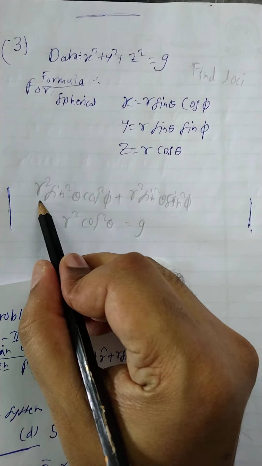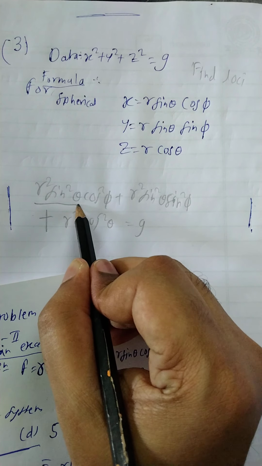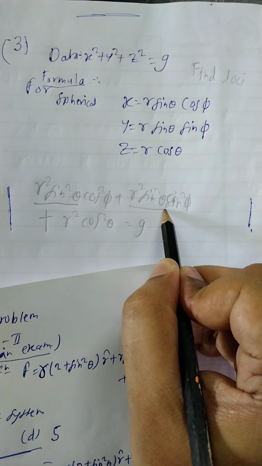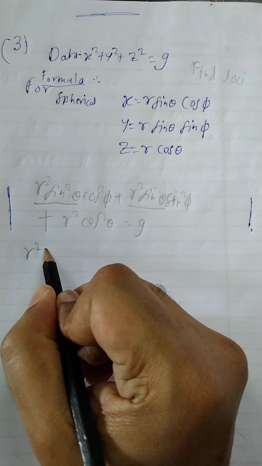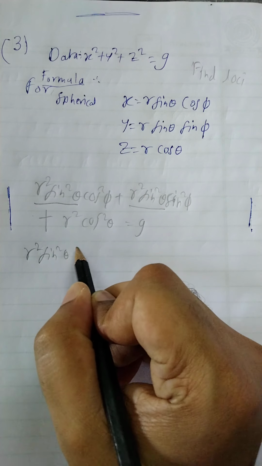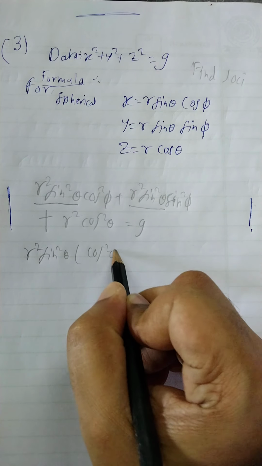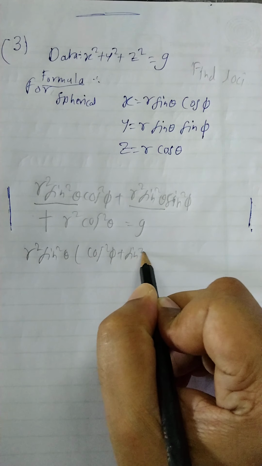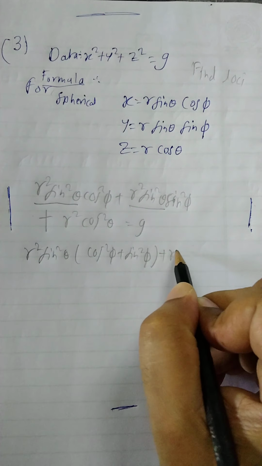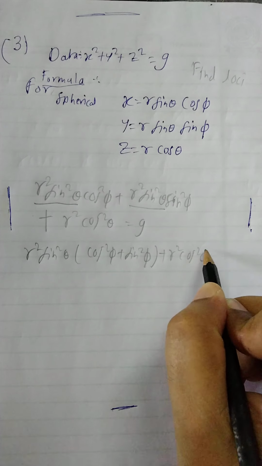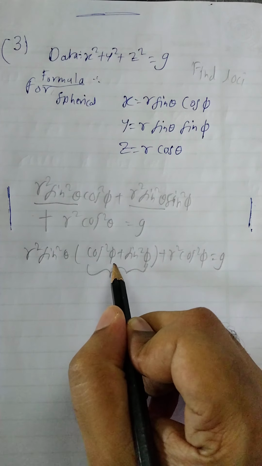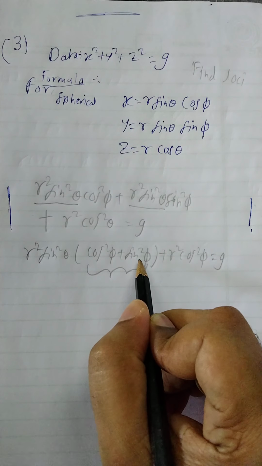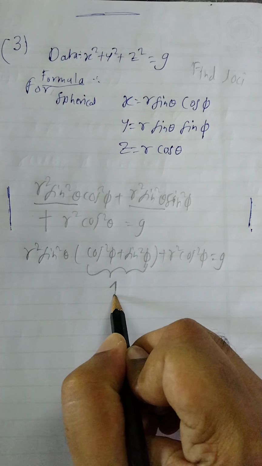Now in the first and second terms, r square sin square theta is common, so we are going to put it outside of the bracket. It looks like this: r square sin square theta in the bracket cos square phi plus sin square phi, plus r square cos square theta, which is equal to 9. And you know that sin square phi plus cos square phi is equal to 1.